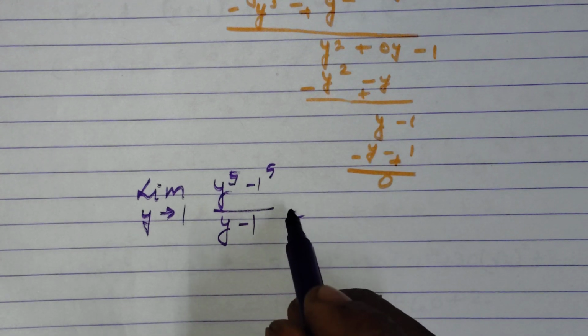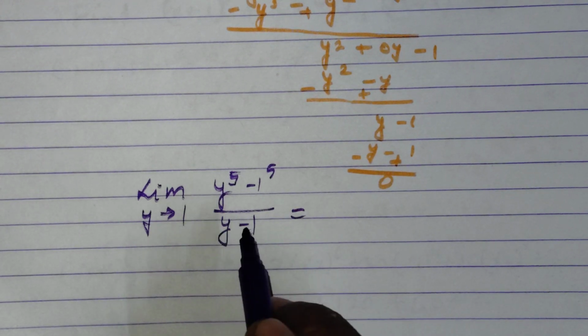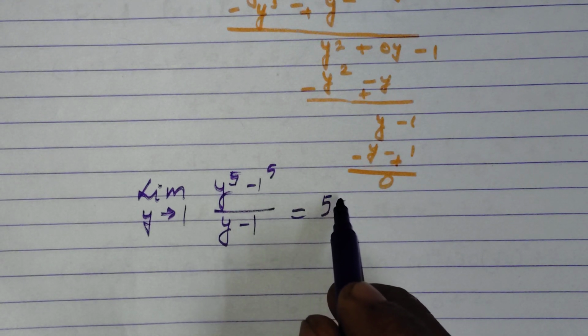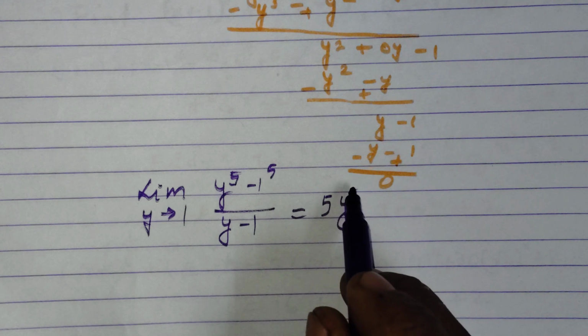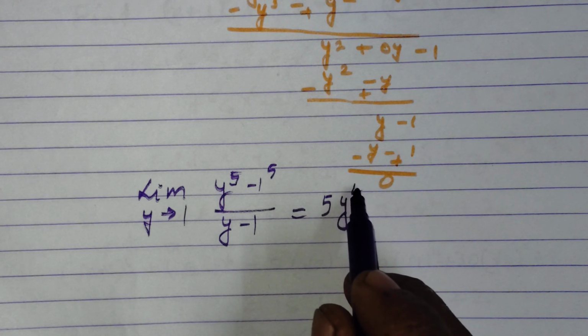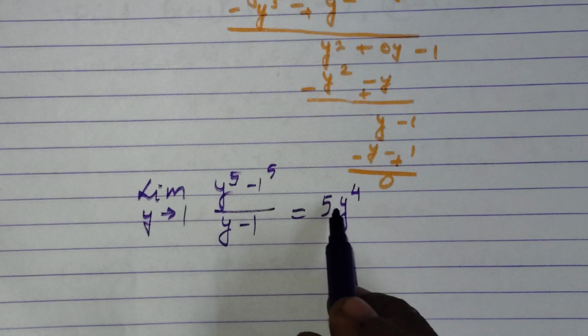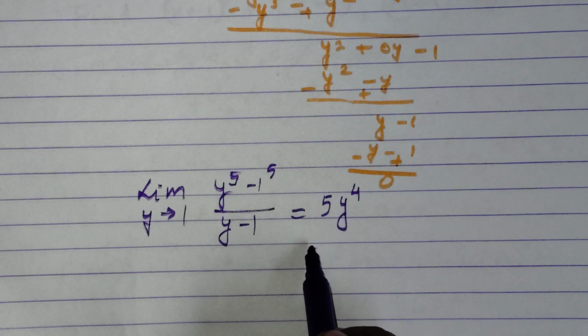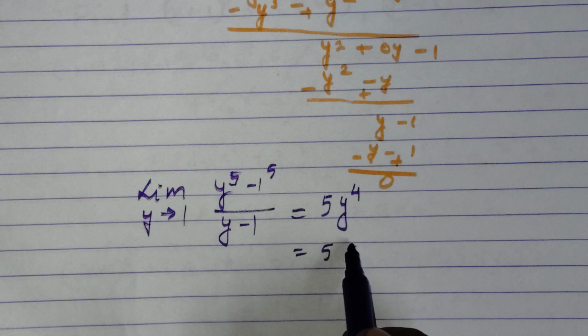Here we can say it is a derivative problem. Its value is n times y power n minus 1, which means 5 y power 4. When replaced with y equal to 1, it gives us 5 into 1 power 4.